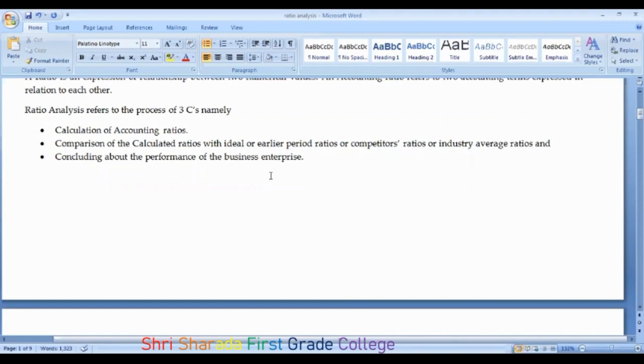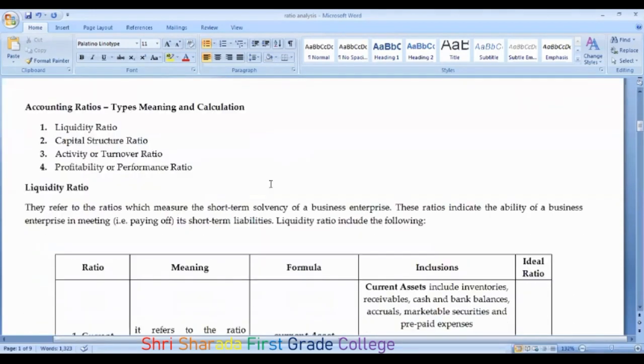Clear? Next, we shall see accounting ratios, their types and meanings, and how the calculation goes on with certain accounting ratios. Basically, here you will be learning about 4 accounting ratios.